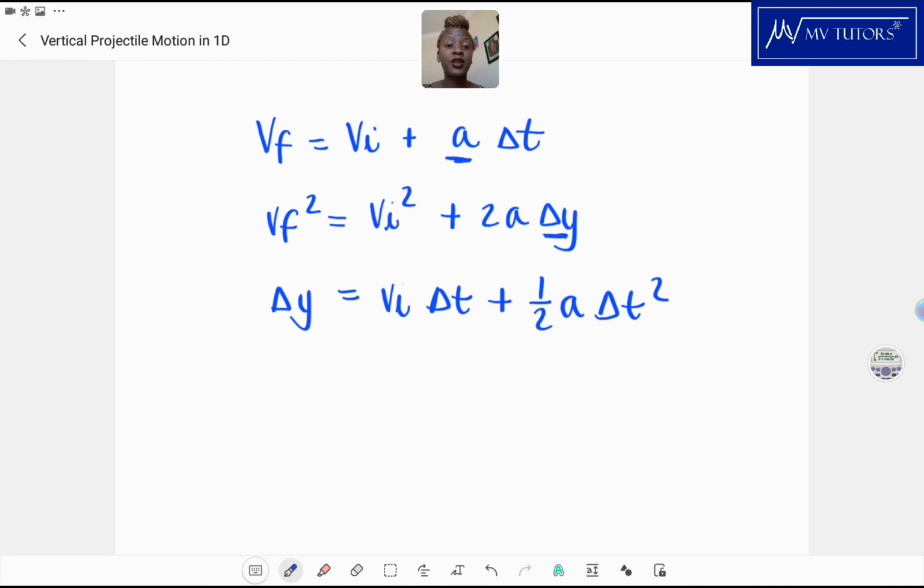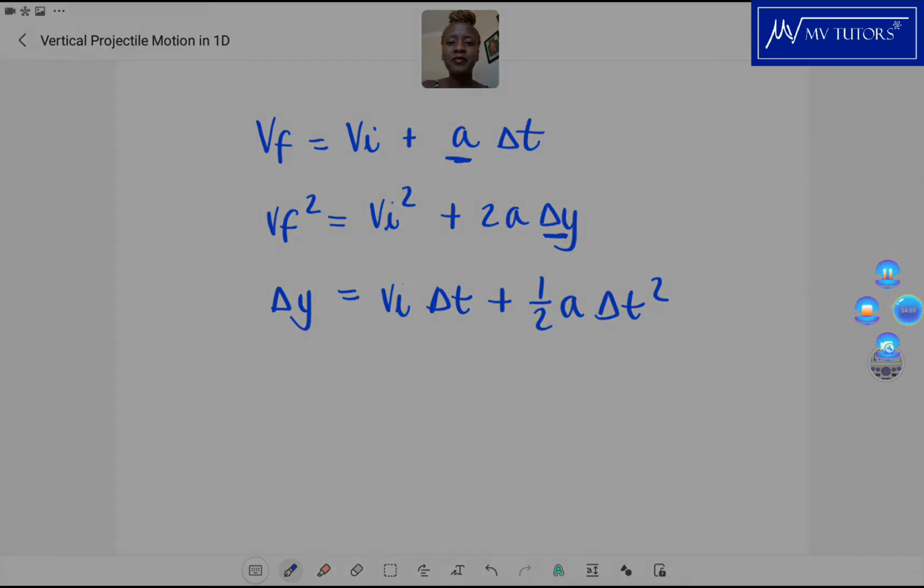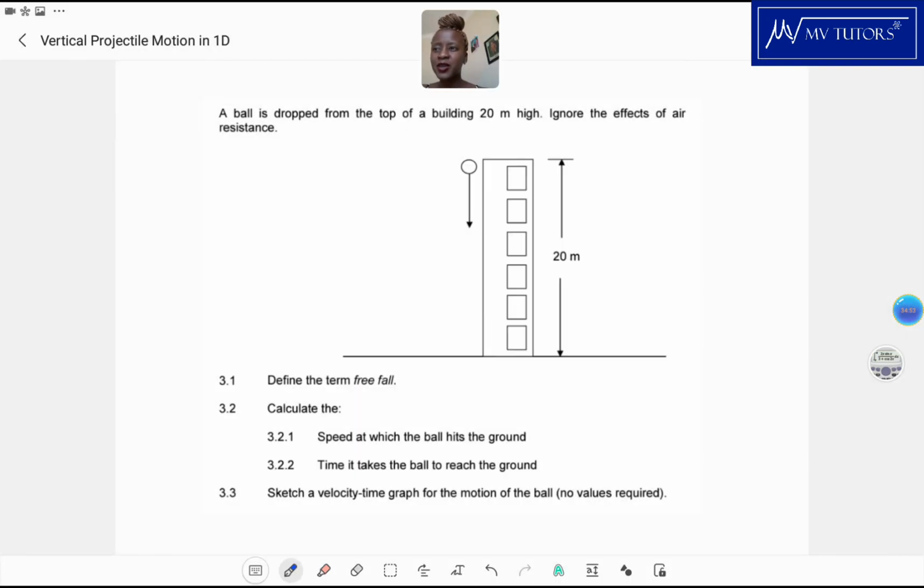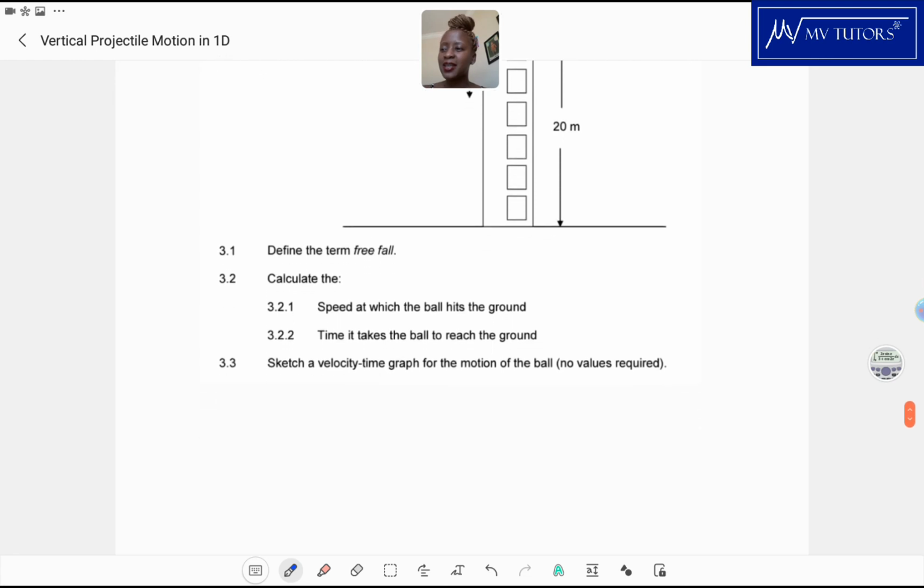And now we're going to look at the question initially and just answer those questions. So we're going to answer the first question, which says define the term free fall. I said I'd leave the definition for this question. So basically, free fall means there is unimpeded motion.